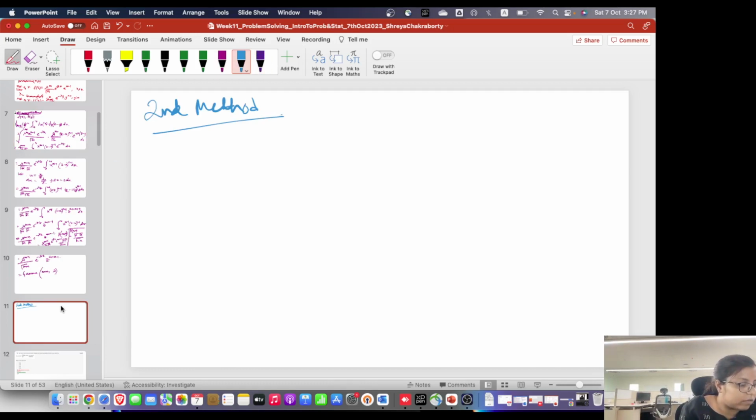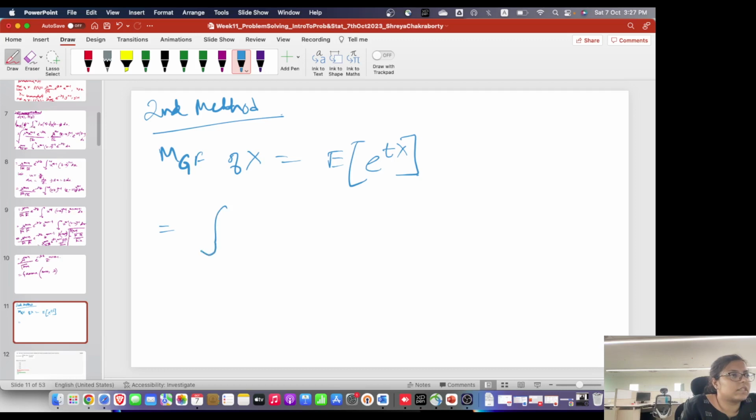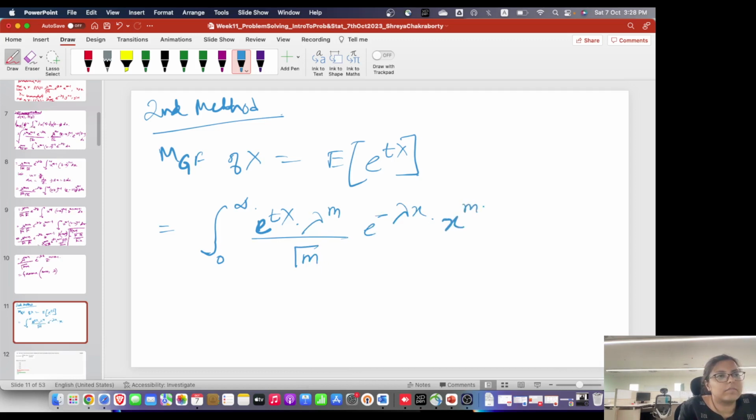Okay, now MGF of x is expectation of e to the power tx. So this will be integration 0 to infinity, e to the power tx into lambda to the power m by gamma m, e to the power minus lambda x, x to the power m minus 1.